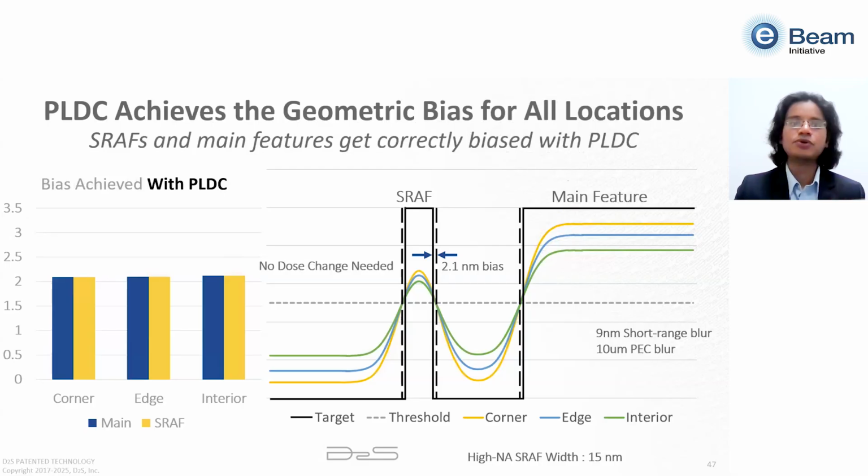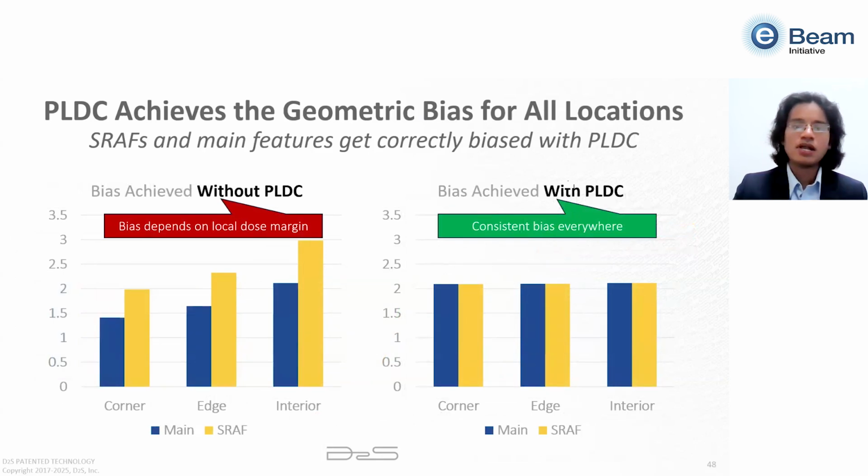But if you do PLDC, because it achieves the geometric bias for all these locations, the SRAFs and the main features get corrected by a proper amount, and all of them get the 2.1 nanometer bias. This can be seen here. Comparing the two charts, we can see that without PLDC, the bias depends on the local dose margin, while with PLDC, the achieved bias is consistent everywhere.